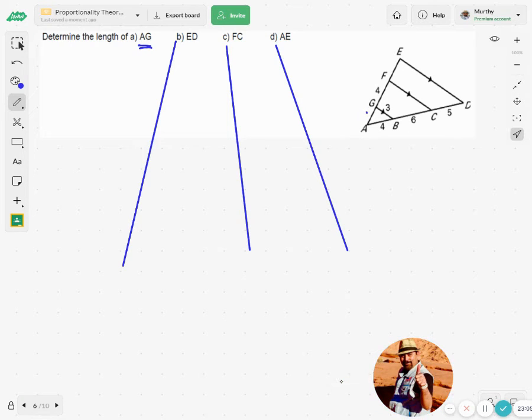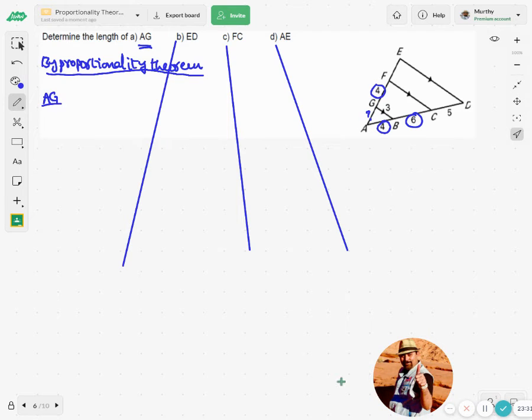So AG is here. Then I can compare with these two parts. Therefore, by the proportionality theorem, of course, all these questions are to be solved by using the proportionality theorem. So this is common for all the four parts.